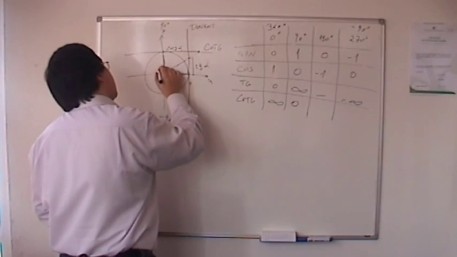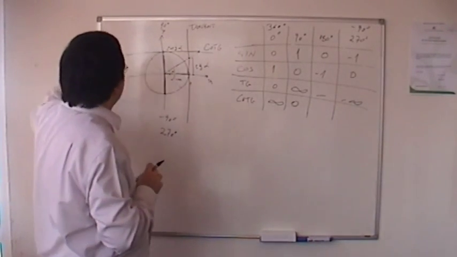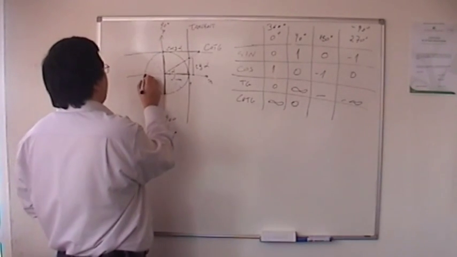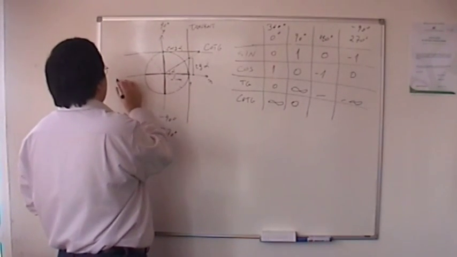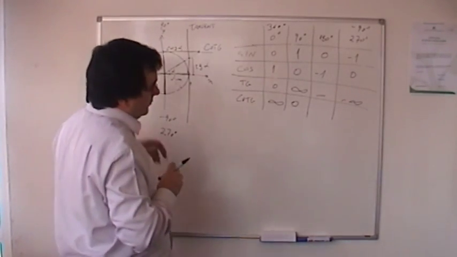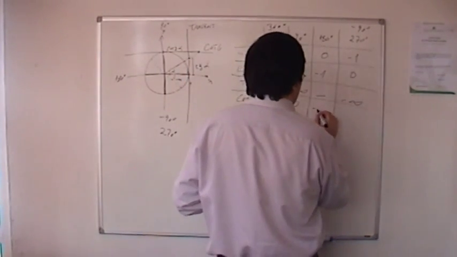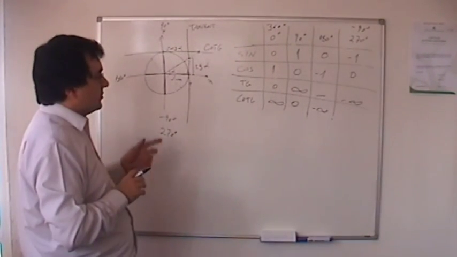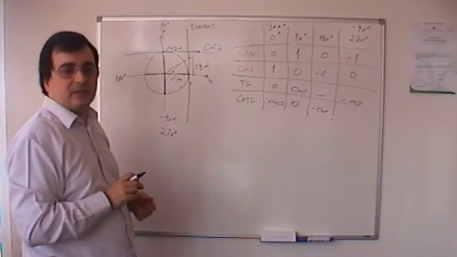Now, if you move to the second quadrant, this value will move towards minus infinite. So when you reach the 180 degrees, you will find that you cannot determine the cotangent, because its limit will be minus infinite.